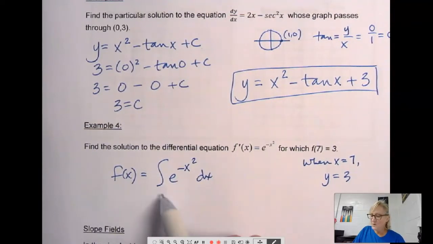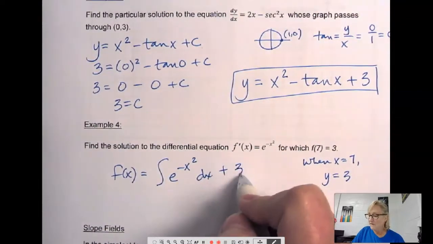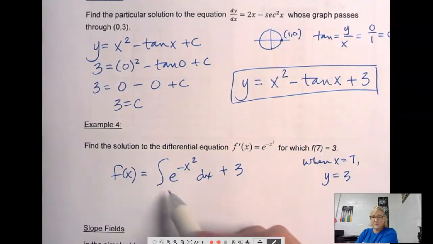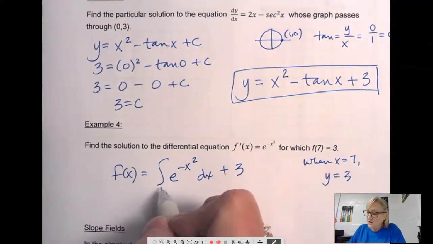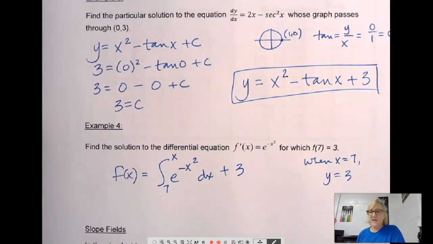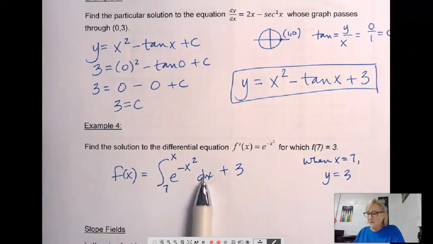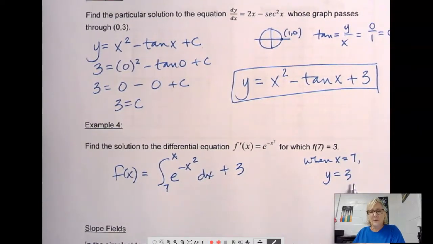So if this was 0, then I could say y will be 3 if I just add 3 to the 0. Well, I can make this area be 0 if I start at 7 and go to some particular number. Because when I go from 7 to 7, this is 0. 0 plus 3 is 3. So x was 7. I got a y value of 3.